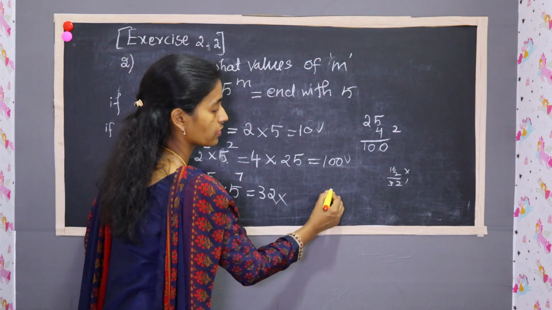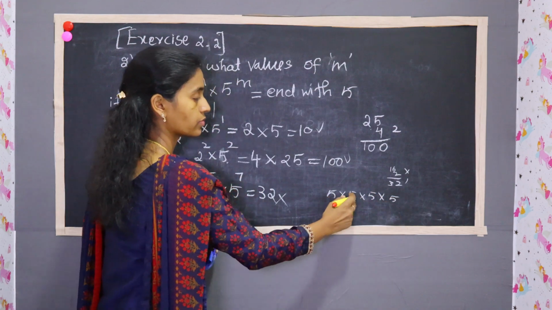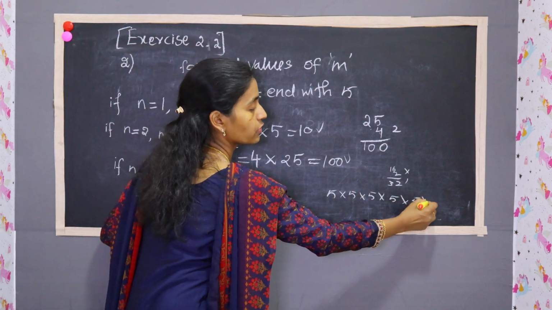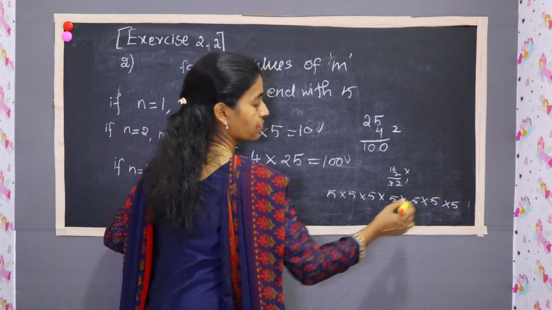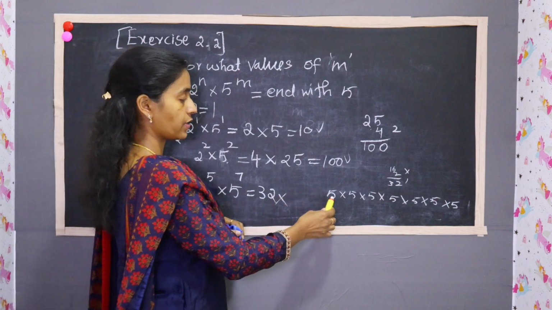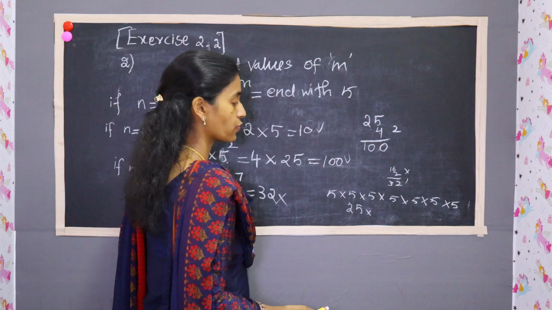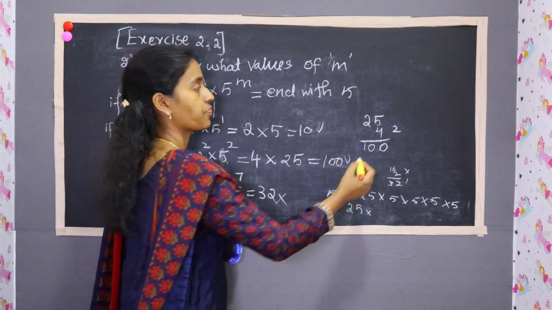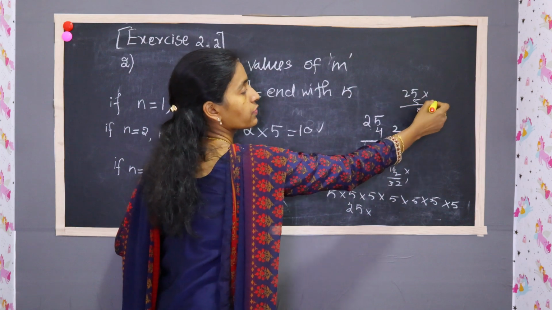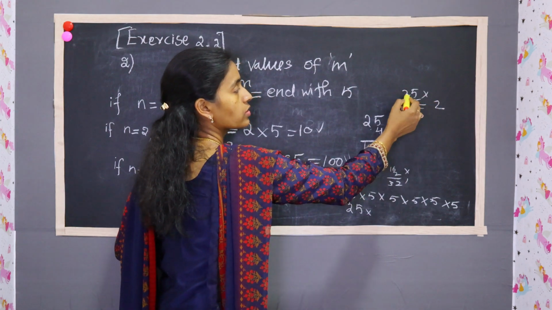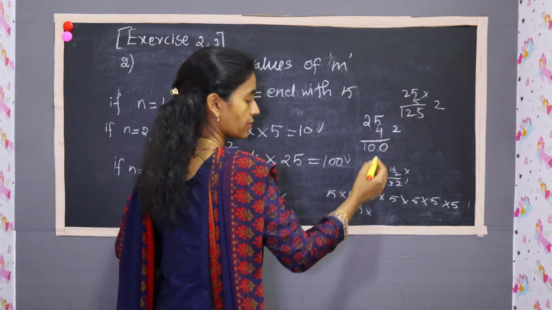What is 5 power 7? 5 into 5 into 5 into 5 into 5 into 5 into 5. So 5 into 5, 25. 25 into 5, 125.